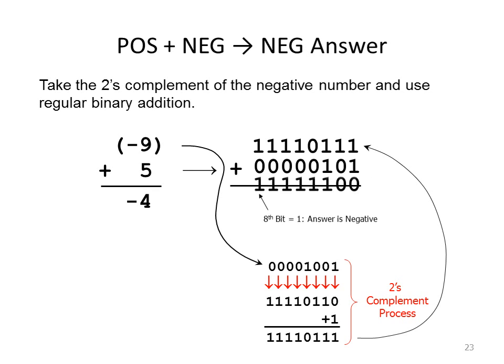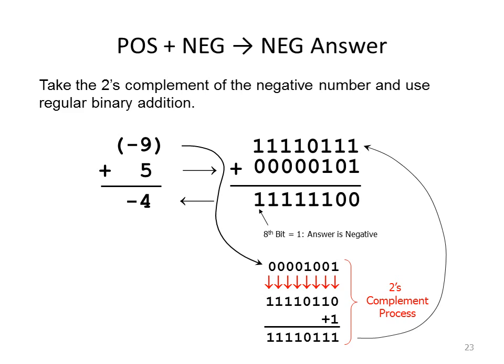Again both are added. Now the 8th bit is 1, so it is a negative number, and it becomes 100. That means it is represented as minus 4.